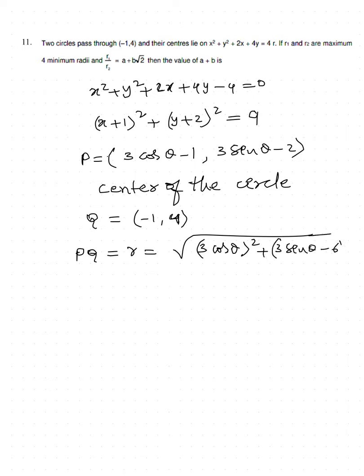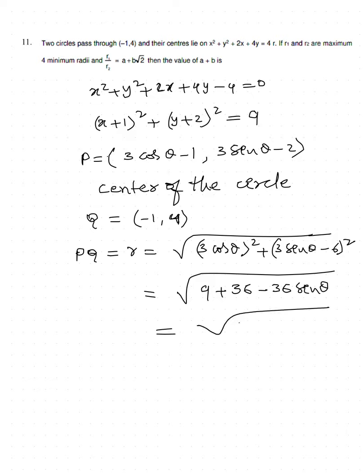If we simplify this, it is under root 9 cos square theta plus 9 sin square theta, that is 9, plus 36 also, minus 2 times 3 times 6, which is 36 sin theta. So it is under root 45 minus 36 sin theta.